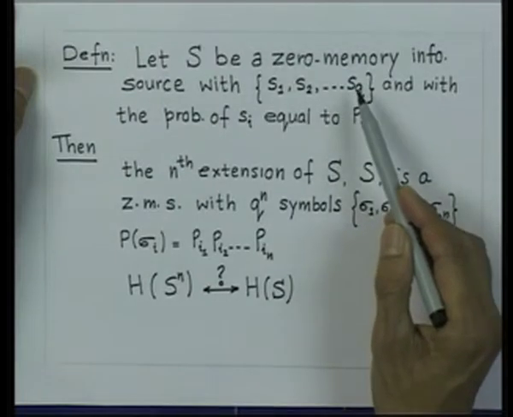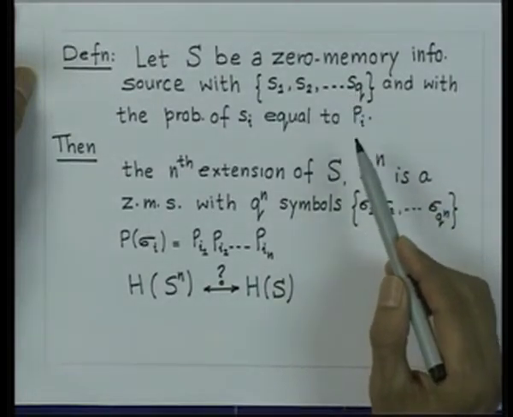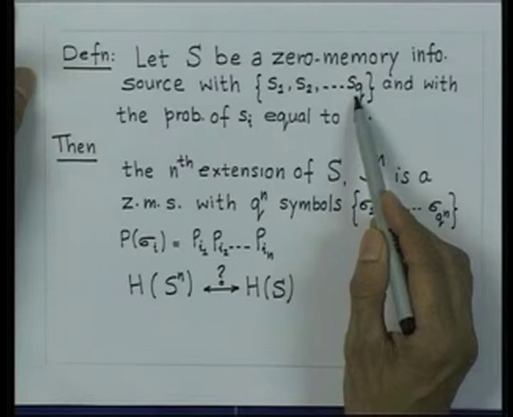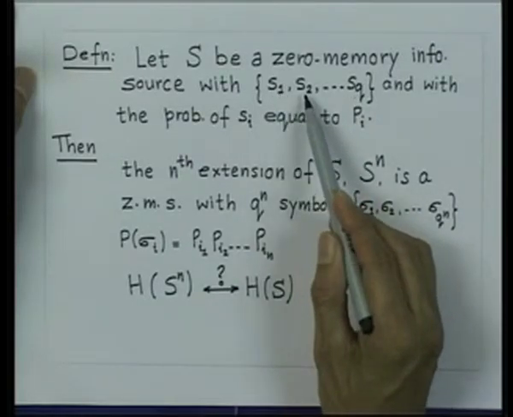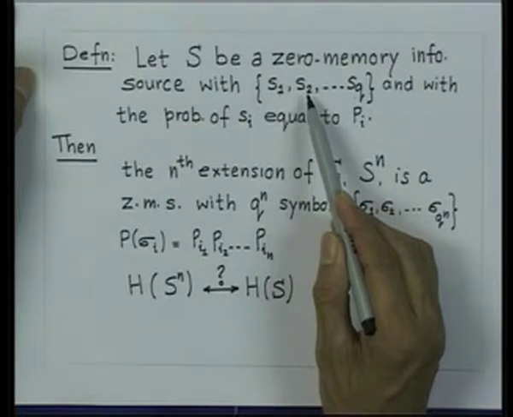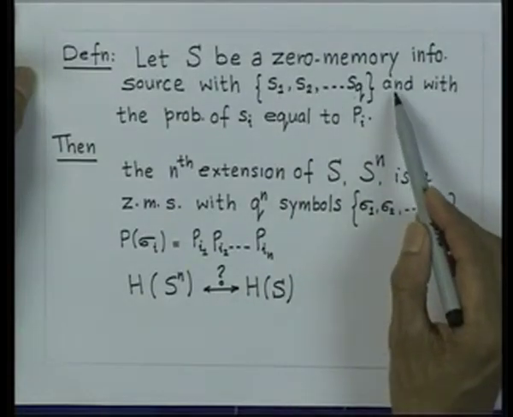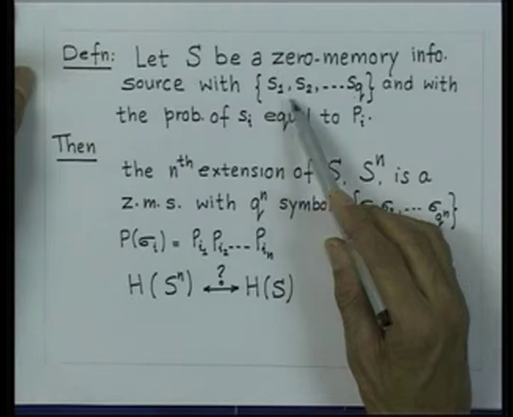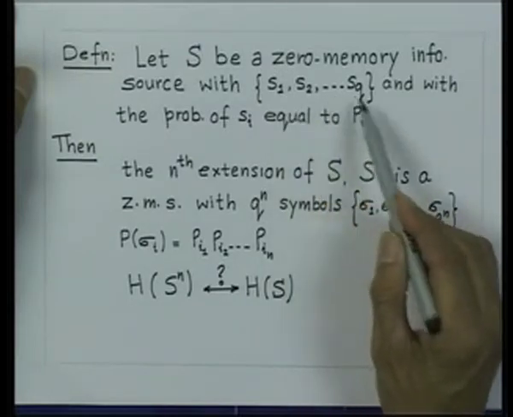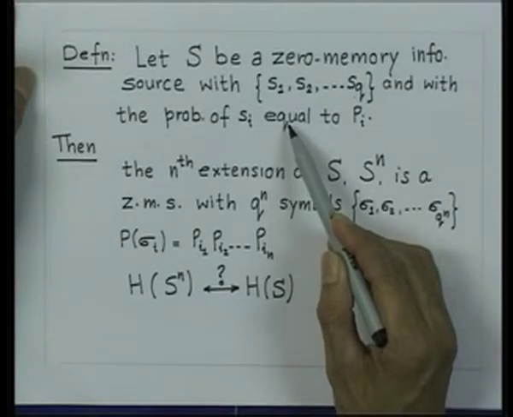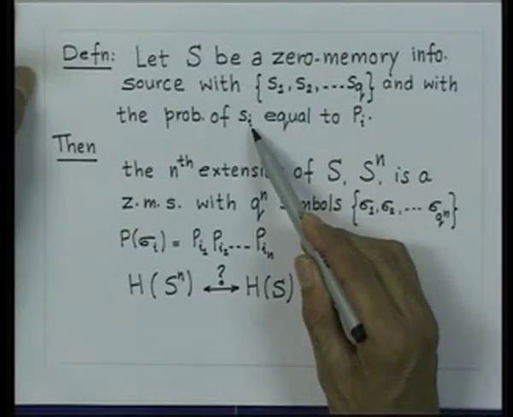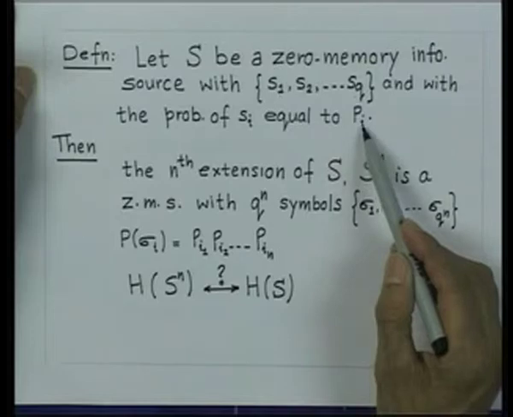In the earlier case which we saw, we just had 0 and 1. There were only 2 letters in that alphabet, and with each of these symbols in the alphabet I have the probabilities of Si given, and let me assume that probability of Si is equal to Pi.